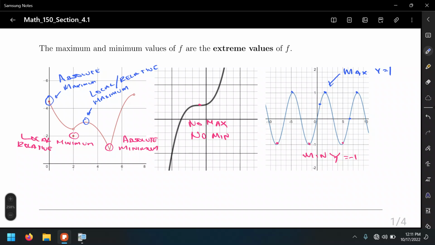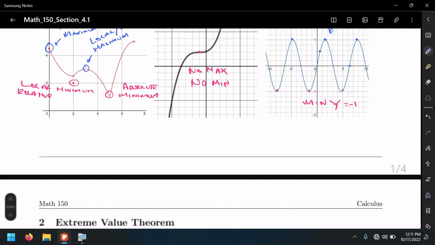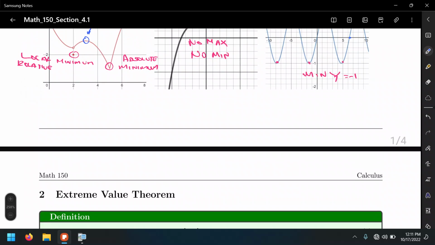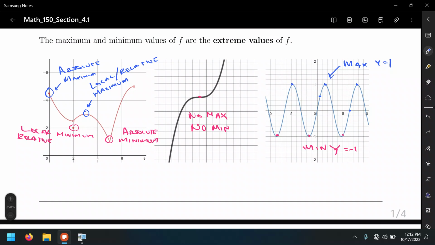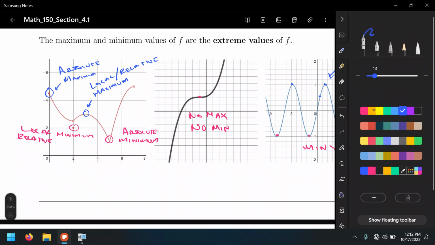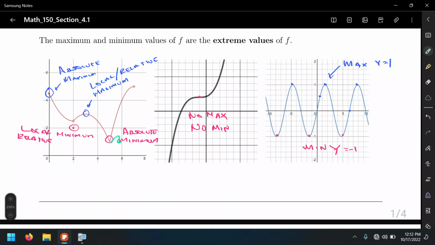All right? Okay, let's have a look at more pieces of information here. The extreme value theorem. Before looking at the extreme value theorem, it's important to note that these values right here, where the maximum occurs, for example x equals 3, that's the value of x at which the derivative is zero.